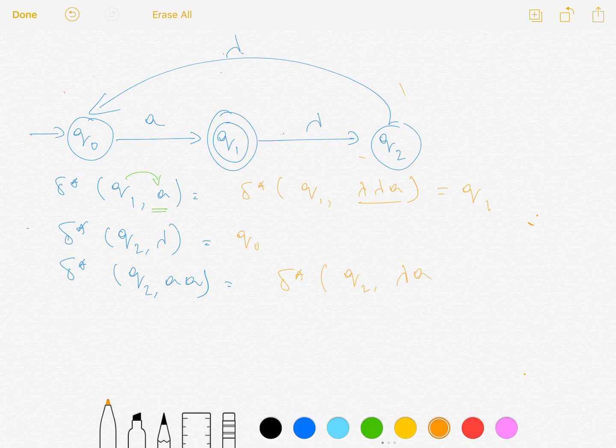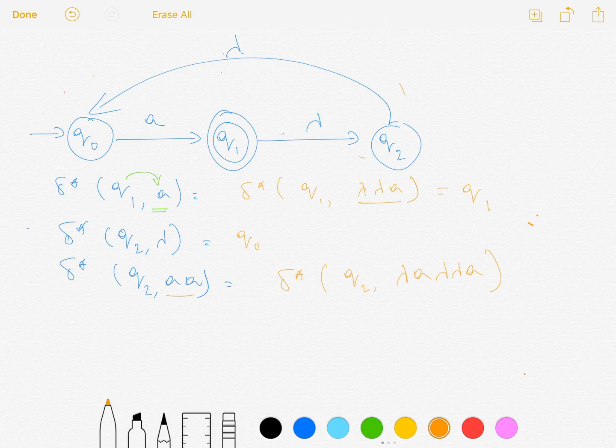Again for Q1 there is no direct path after consuming A, but we have lambda lambda A. Now, can we write lambda A and then lambda lambda A instead of A? Now, we can have a direct transition path.